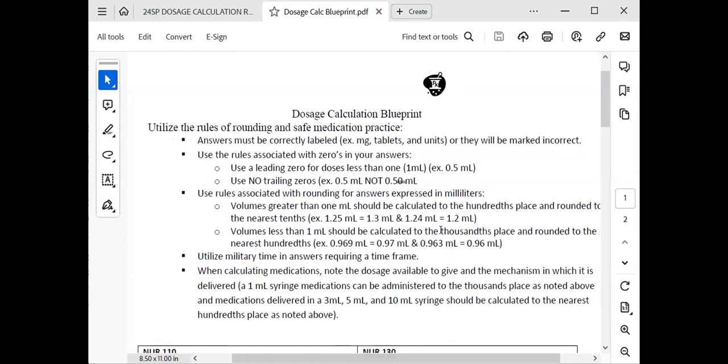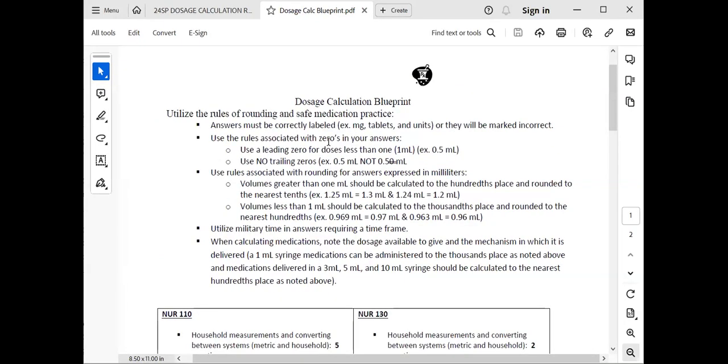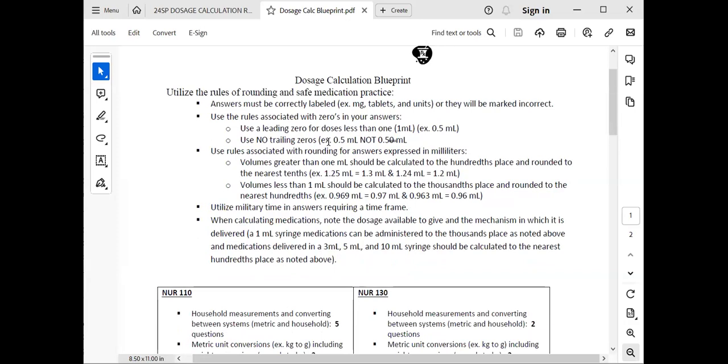If you ever need a review of the rounding rules, just make sure you check your blueprint. Your blueprint is what tells you your rounding rules. Even though it says milliliters, technically we can use the rounding rules for anything. It's just that the majority of the time we're using it in the context of milliliters.